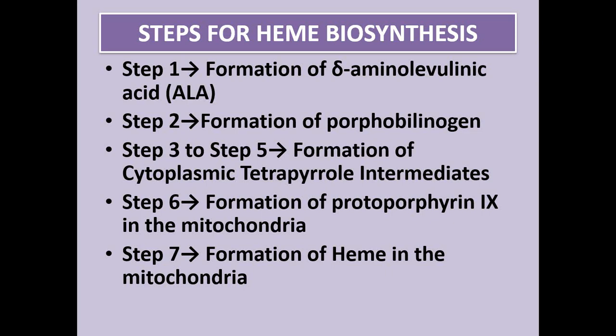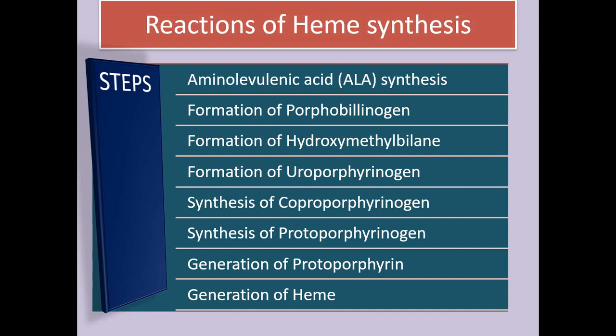Steps 3 to 5 are the formation of the cytoplasmic tetrapyrrole intermediates. Step 6 is formation of protoporphyrin 9 in the mitochondria. And step 7 is formation of heme in the mitochondria. We will discuss each step in detail. These are the steps of heme synthesis.